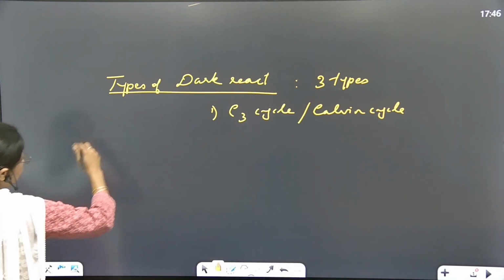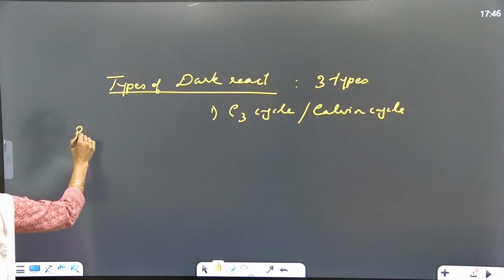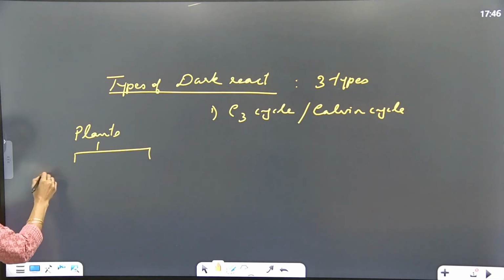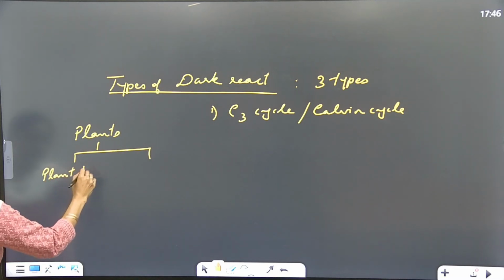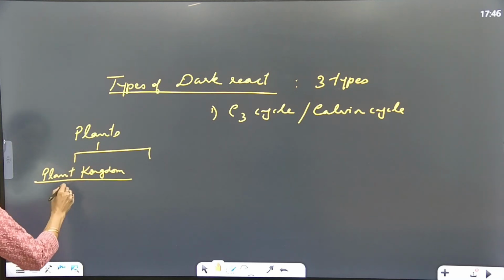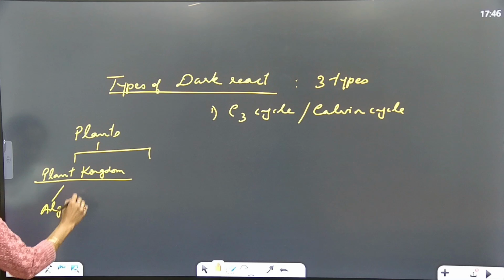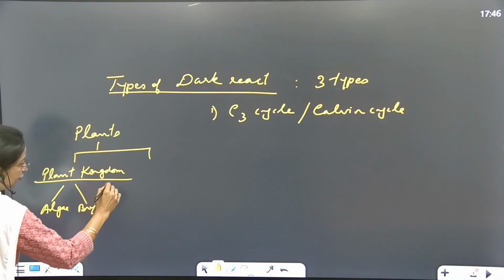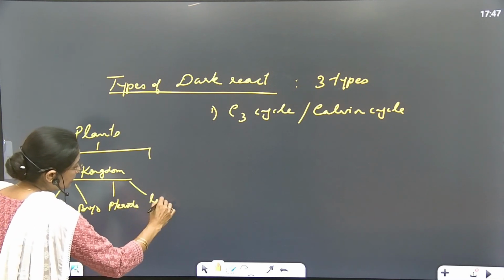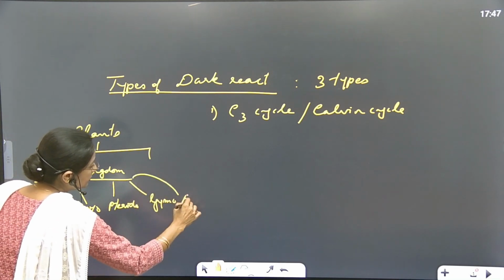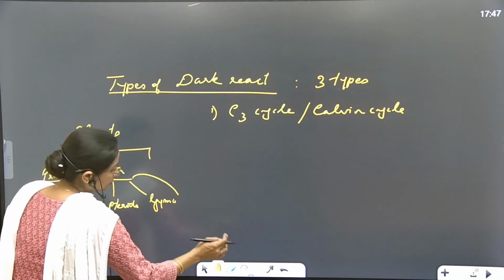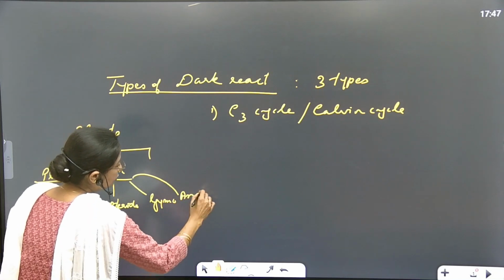Just coming slightly away from this topic. If you are talking about types of plants according to the plant kingdom, from this point of view, we have algae, bryophytes, pteridophytes, gymnosperms, and angiosperms.